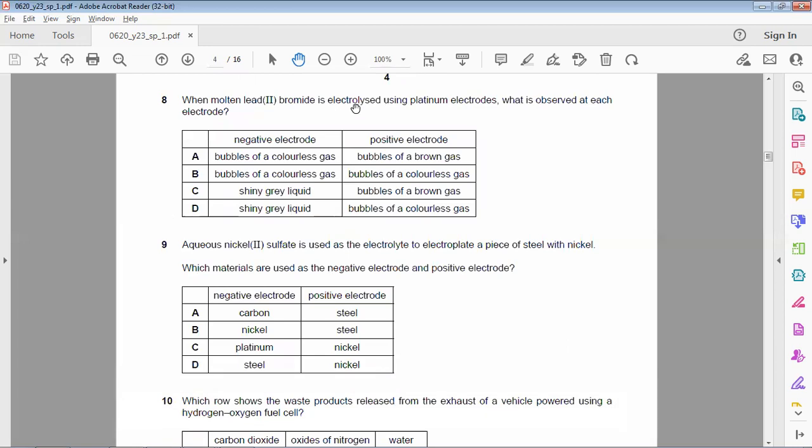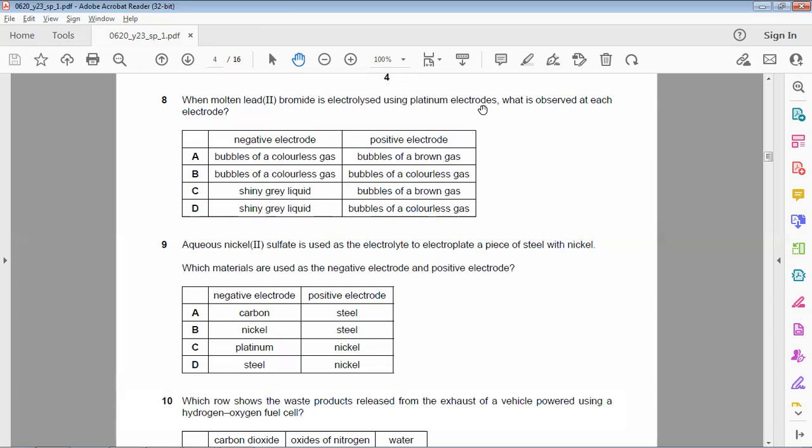When molten lead(II) bromide is electrolyzed using platinum electrodes, what is observed at each electrode? First of all, it's in the molten state. That means the only ions in the liquid are lead ions and bromide ions. Lead is a positive ion as it is a metal, and bromine is a negative ion.